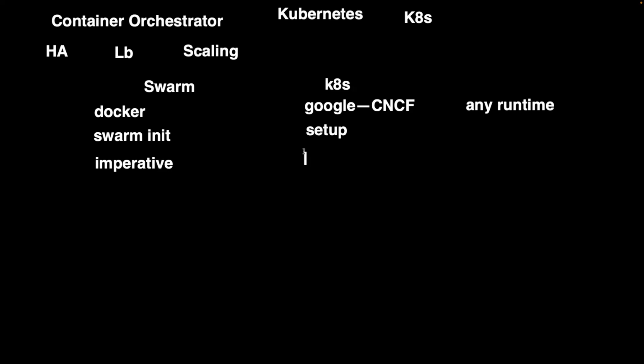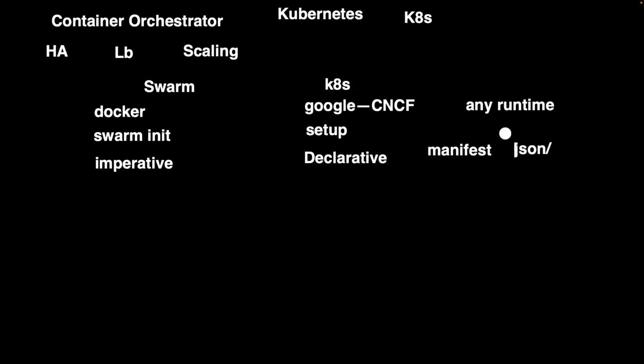Here we prefer the declarative approach. That means all the Kubernetes configurations will be defined in a manifest file rather than from the CLI. Instead of a single line command, you define it in a manifest file and run the manifest file.